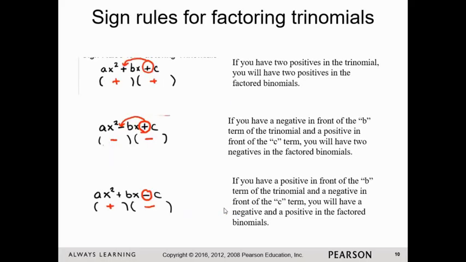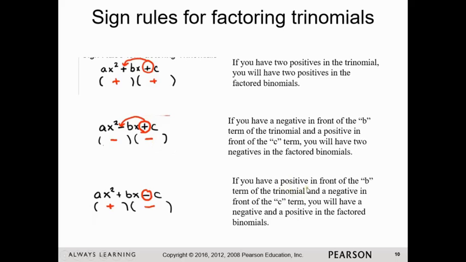And just so we are aware, there are some sign rules for factoring trinomials. This will just help you to understand a little bit more about how these things work. So if you happen to have two positives in the trinomial, you will have two positives in the factored binomials. If you have a negative in front of the b term of the trinomial and a positive in front of the c term, you will have two negatives in the factored binomials.